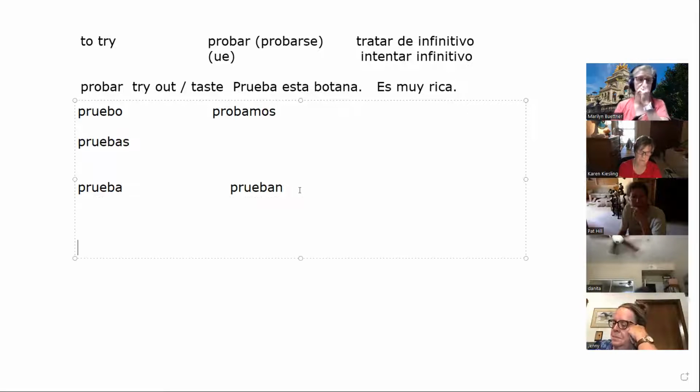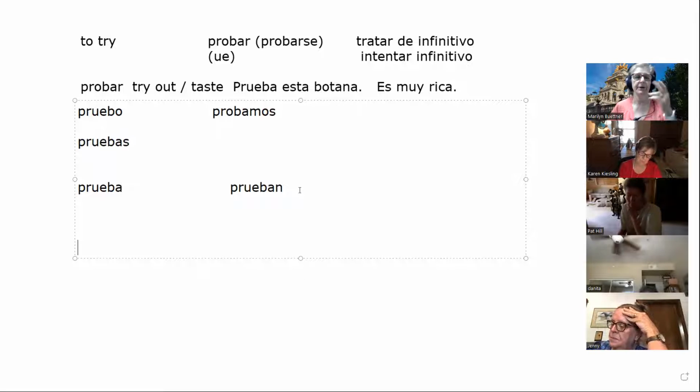Okay, por ejemplo. Wow, I don't need any funny little prepositions. It's just probar and whatever thing it is you're sampling. Okay.